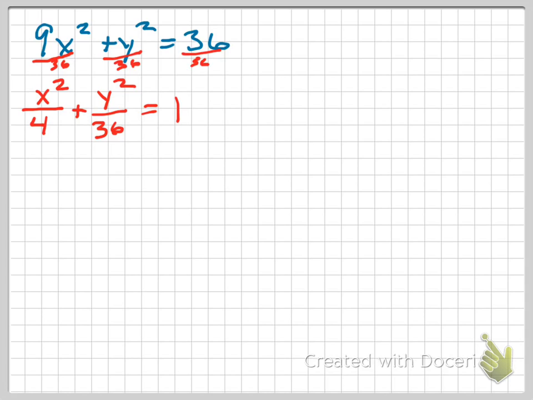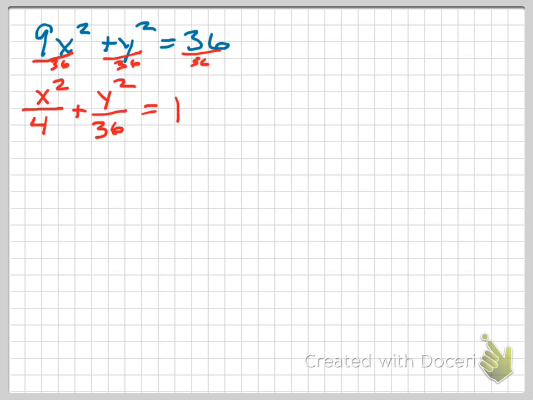Now the equation is written like the one on your formula sheet. It's x minus h squared, h is 0 in this case, over denominator. It's written just like the one on the formula sheet.